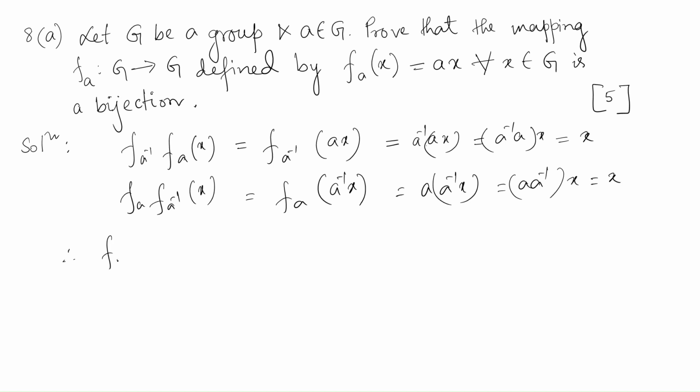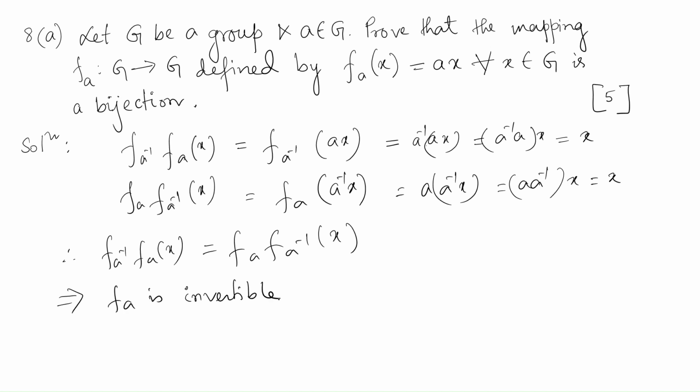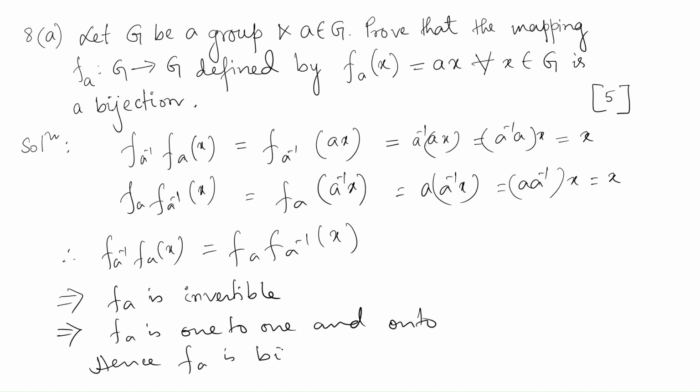Therefore, f_a inverse of f_a(x) equals x, and f_a of f_a inverse of x equals x, which implies f_a is invertible. It implies f_a is one-to-one and onto. Hence, f_a is bijective.